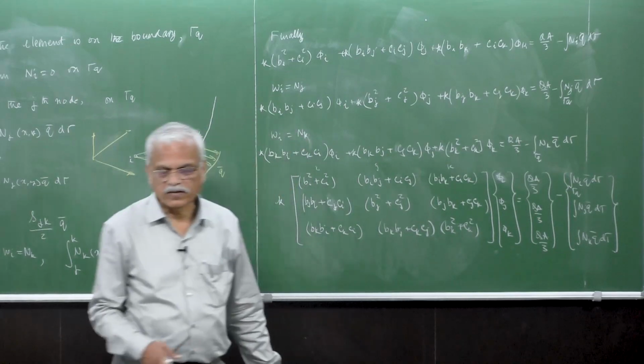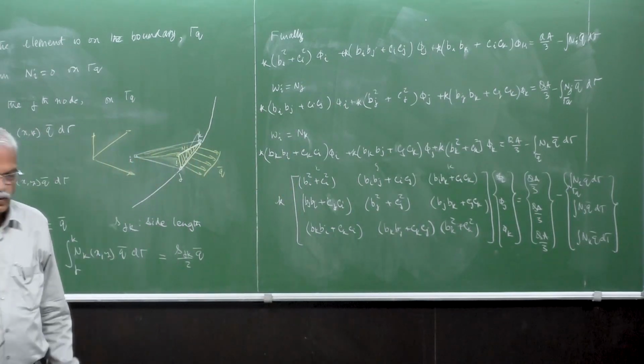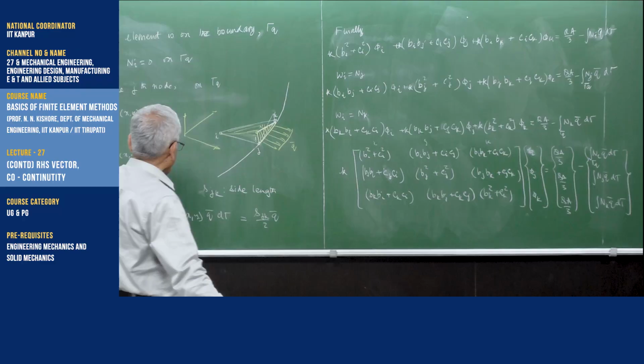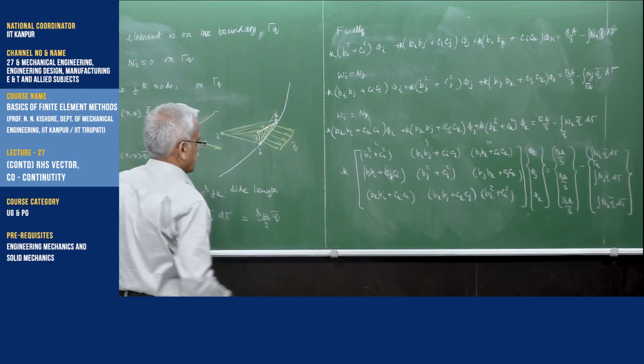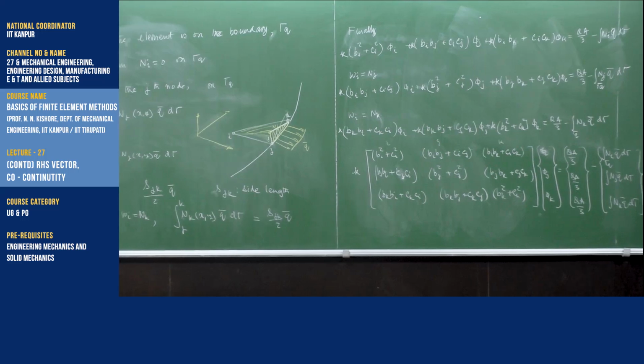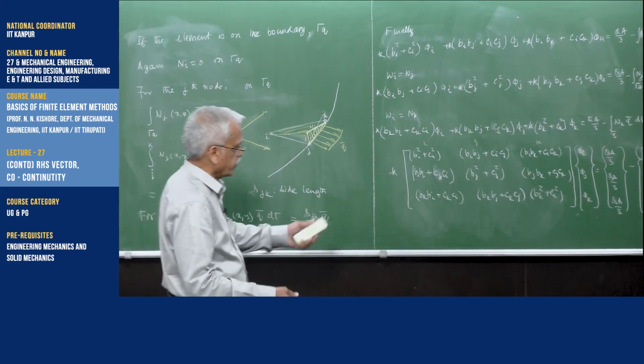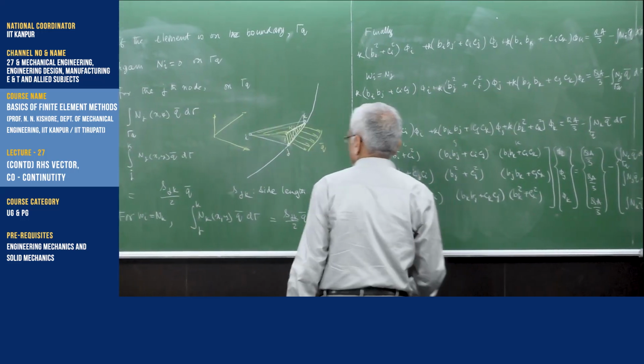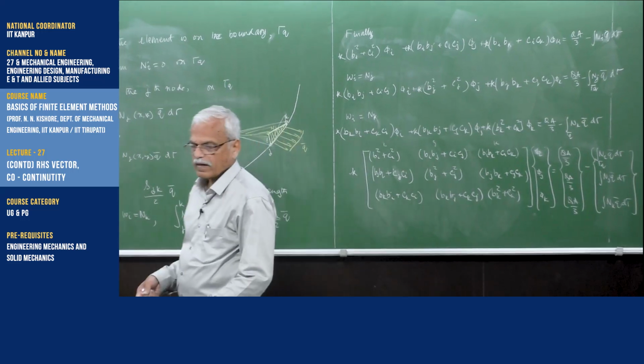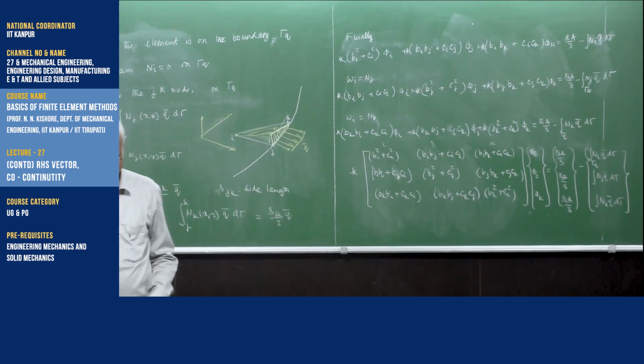So these are the locations where it has to go. Okay, so this is how the elemental equations are done, and then how it is assembled. Maybe we can see it as an example when we take it up in the next class.